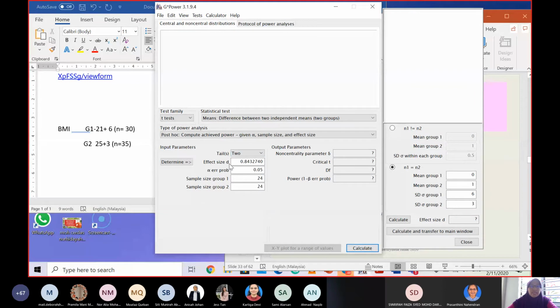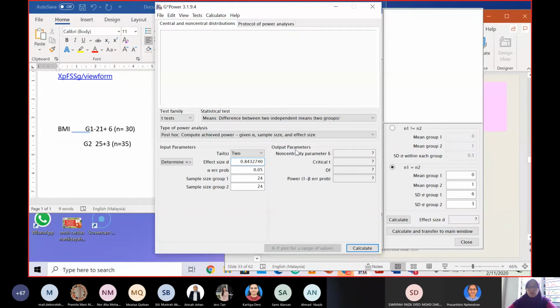Okay, the effect size. You put your cursor on that column, and sometimes they will show you. This is for effect size d. The effect size d 0.2 means small, 0.5 means medium, 0.8 means large.